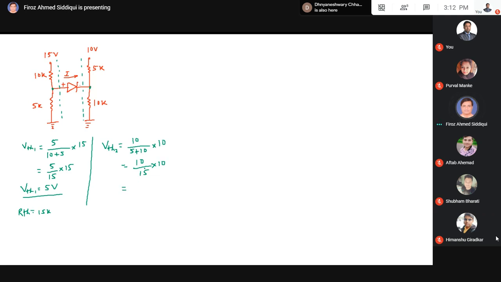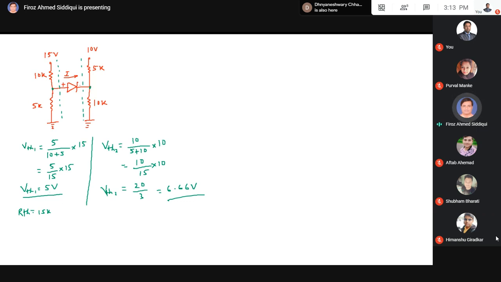That means 20 upon 3. What is 20 upon 3? It is around 6 point some volt, है ना? 6.66.